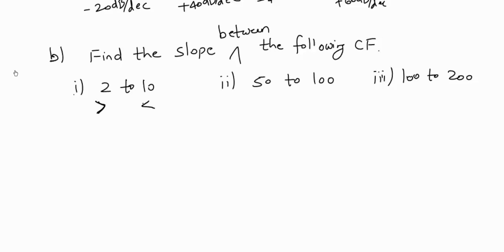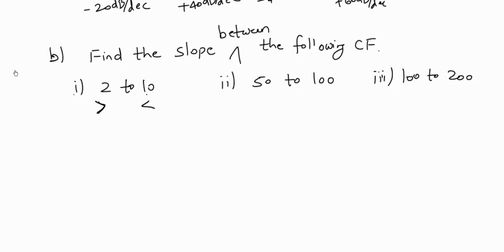So observe the transfer function. I have to calculate the number of poles and zeros up to the corner frequency 10. While calculating up to 10, I have to include this term, but I have to exclude this term.